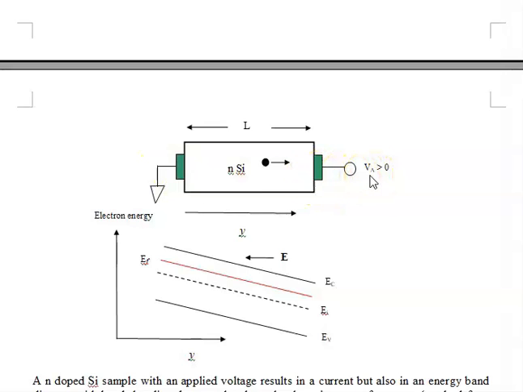What happens, because I have non-equilibrium, the Fermi level slants down. It is more in the positive side. It is lower than on the grounded side, and all the bands, the conduction band and the valence band and the intrinsic band, all bend down.